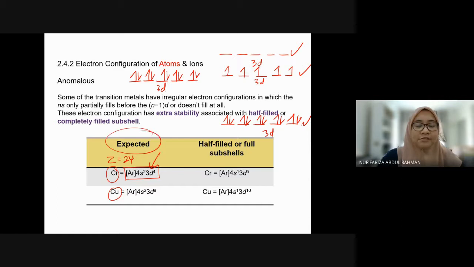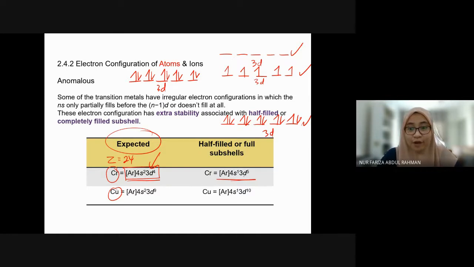That's why it is called expected, because if we are based on Aufbau, this is what we are going to have. But this is not the case. In reality, it is not like this. It is like this: 4s1 and 3d5.